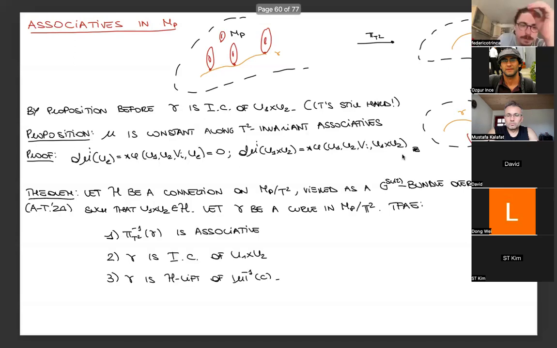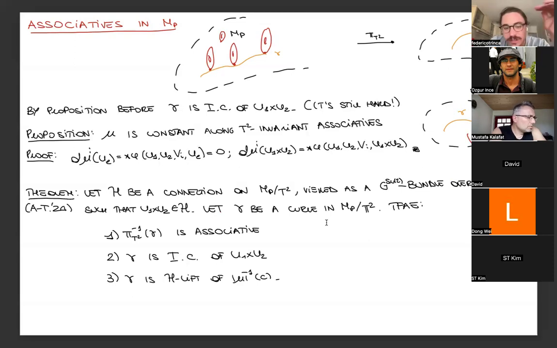So to sum up, what we have proven is that if I pick a connection on M_P over T2, viewed as a T2 bundle over my surface M_P over G, and such a connection needs to be taken such that U1 times U2 is in it, and the metric induced on the quotient is such a connection.